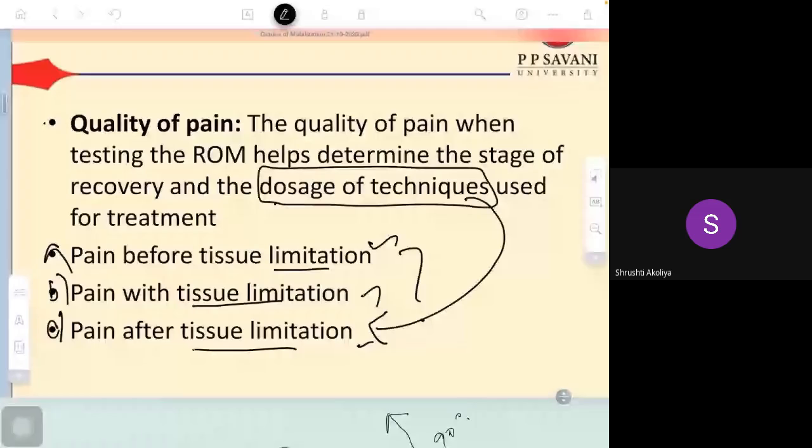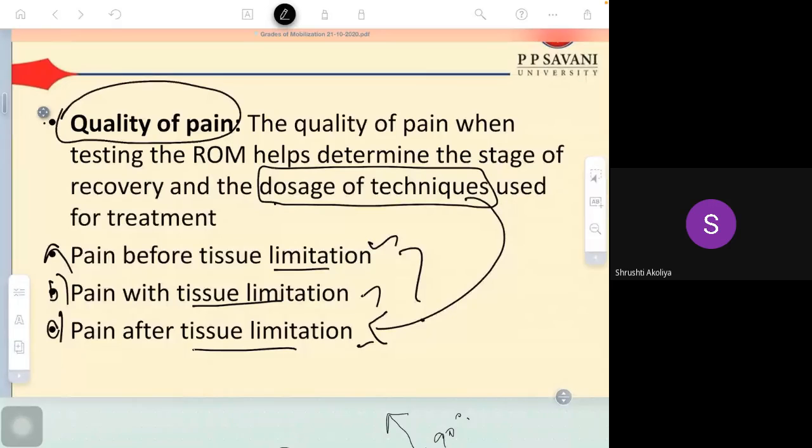So you should know which grade you will apply. Selection of dosage, selection of grade. In order to select appropriate dosage, you have to assess the quality of pain.